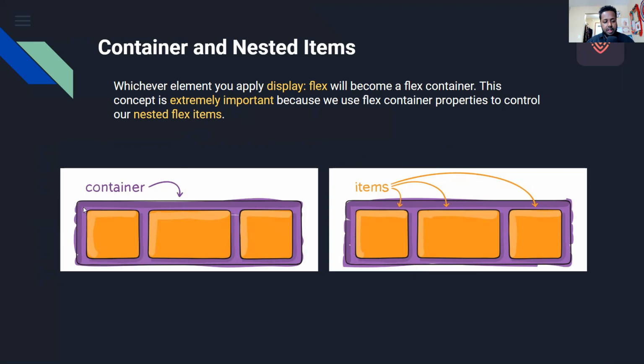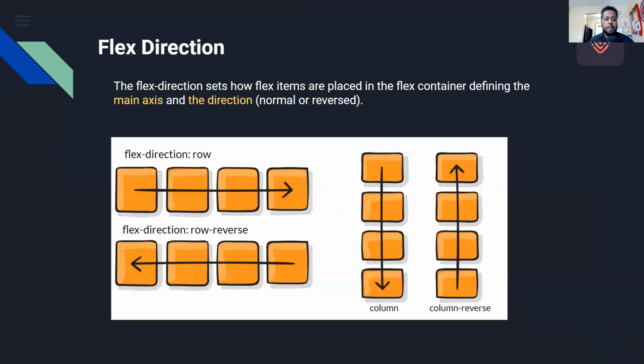First you apply display flex on the parent container, and then the children elements will align automatically. You don't have to say, take this much space. They will automatically take as much space as they need. We will see how that looks, and it's really powerful.